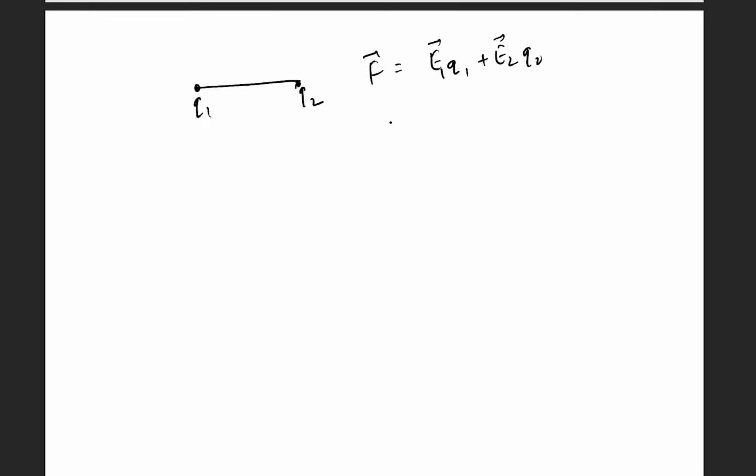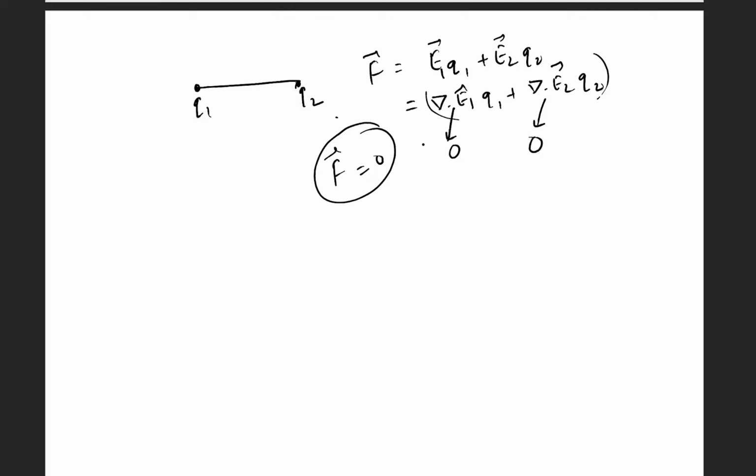So this is the total force. So now taking the divergence, del dot E1 Q1 plus del dot E2 Q2. Okay, so this will be 0 if it is free space, that is no charge inside or outside, positive or negative charge inside this surface. So this will be 0. So F will be 0.